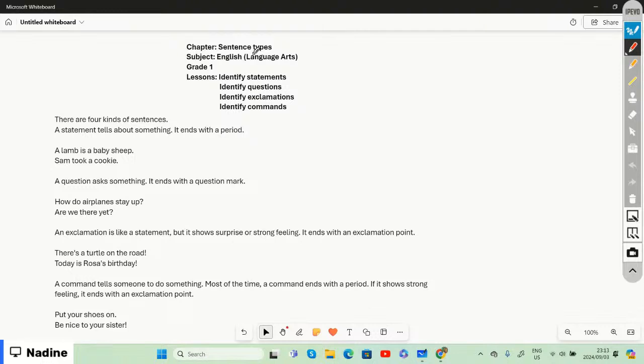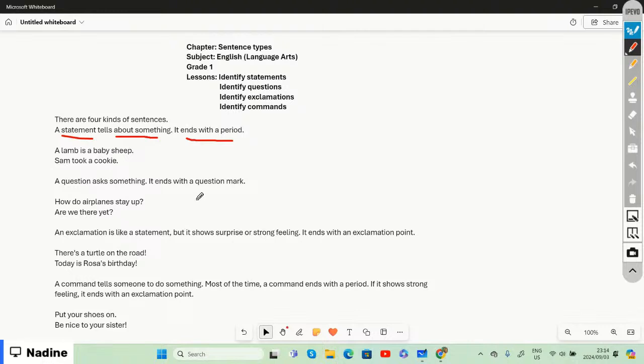We just say that a statement tells about something, and a statement ends with a period. So a statement is the first one: it tells about something, and it ends with a period.